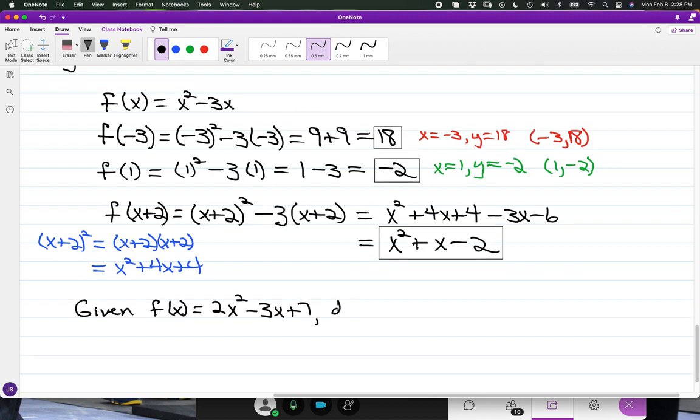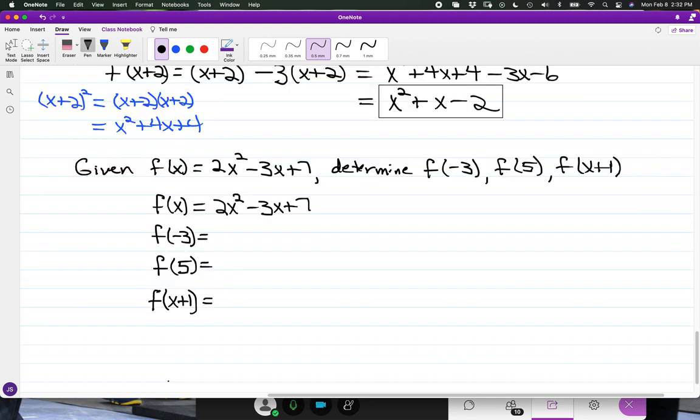Okay, let's see what we get for f of negative 3 once again. And we'll say we have determining f of 5 and also f of x plus 1. So be looking at these 3 items and we'll discuss in just a few moments.